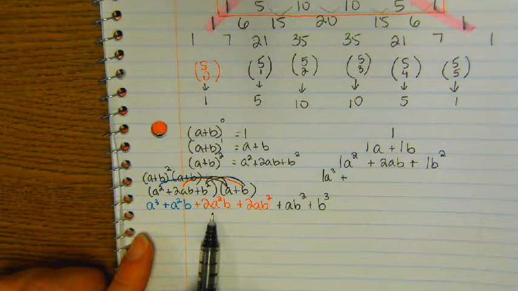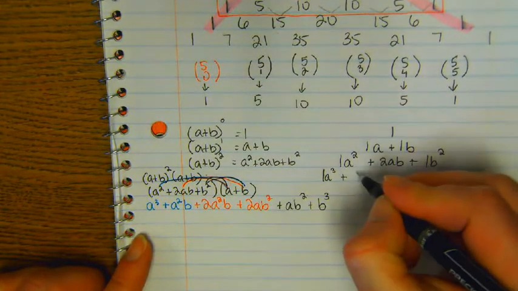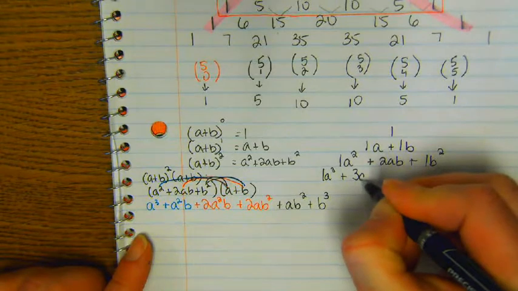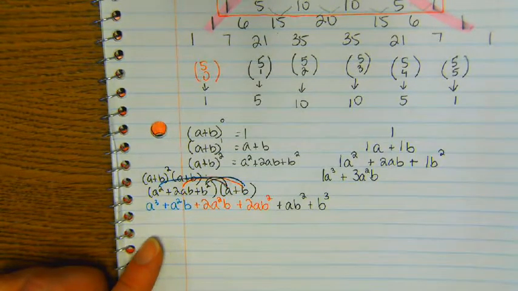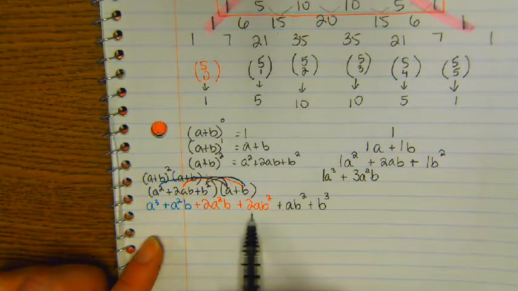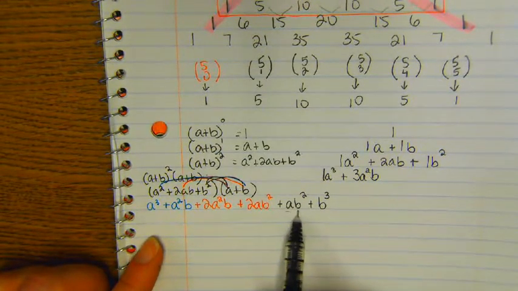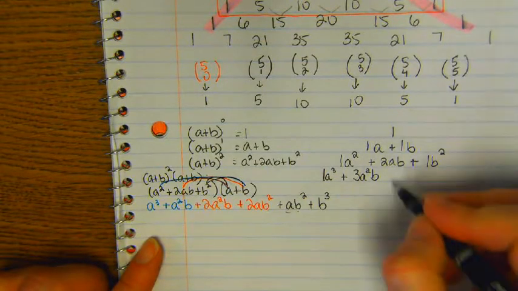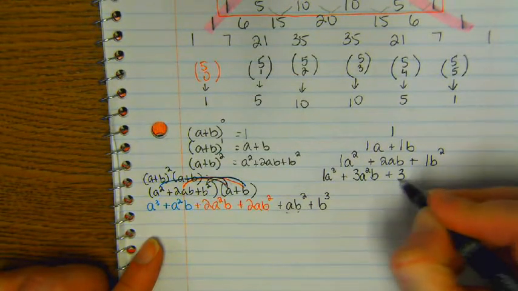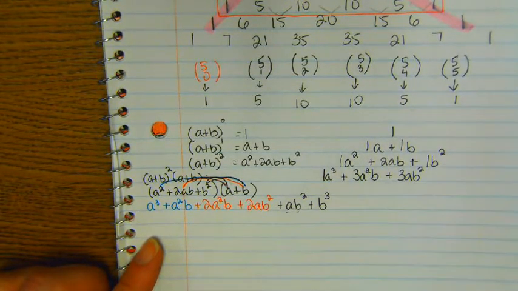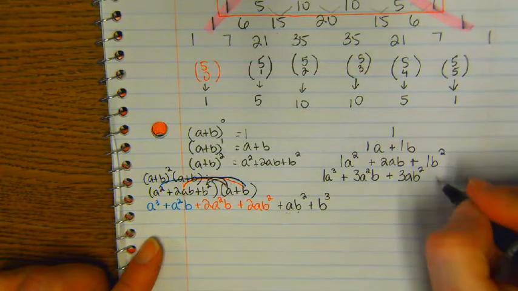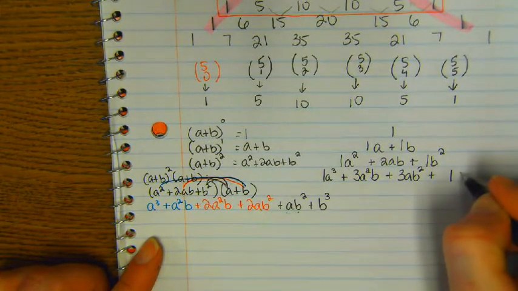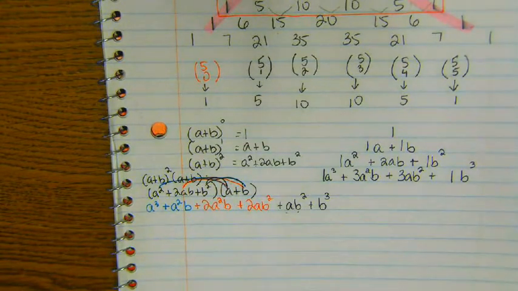So I have plus 3 a squared b. And here, do you see how I have a 2ab squared and another ab squared? So I also have plus 3ab squared. And then plus 1b cubed. Okay. Does anybody see it yet?